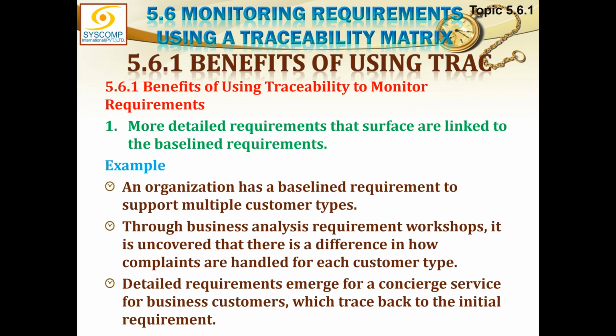Through a business analysis requirements workshop, it is uncovered that there is a difference in how complaints are handled for each customer type. Detailed requirements emerge for a concierge service for business customers, which trace back to the initial requirement. So this is how we are tracing the requirement back to the initial requirement.